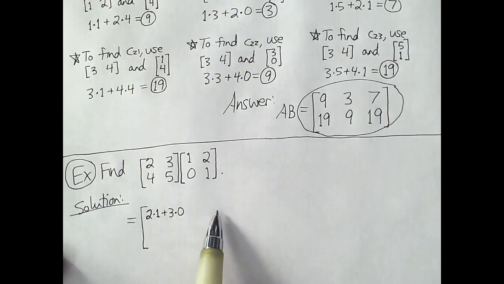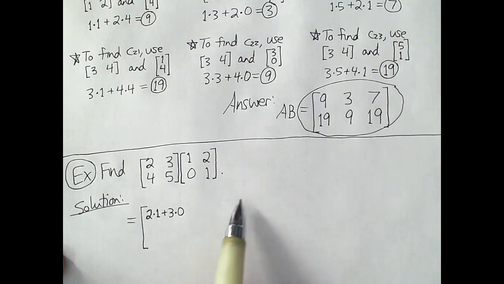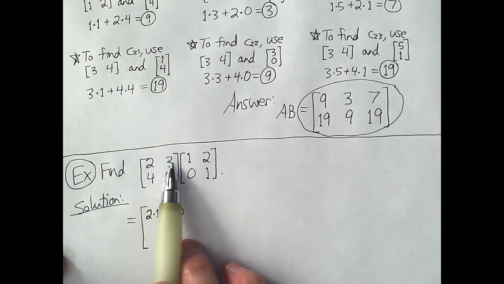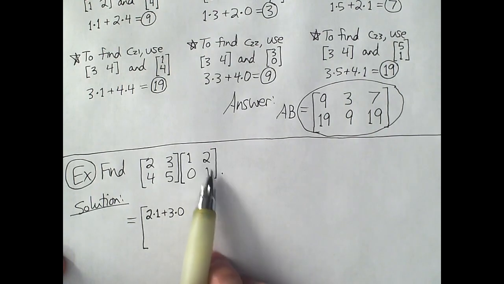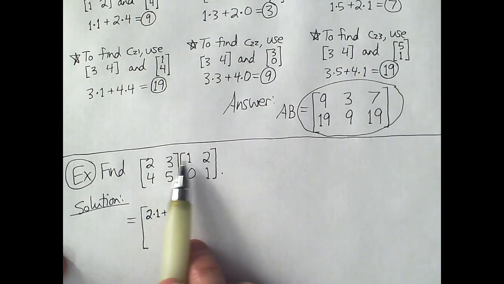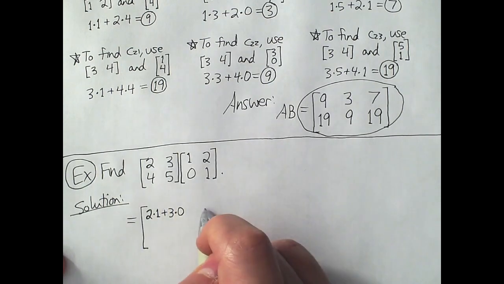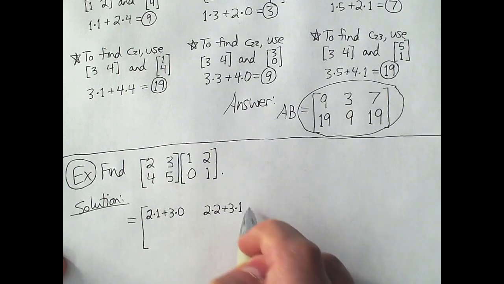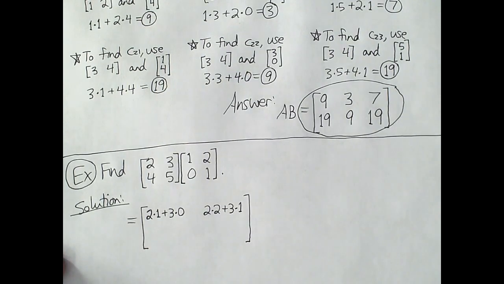Let's move on to the upper right entry of this matrix. That's still in row 1, so it needs to use row 1 of A, but now it needs to use column 2 of B. So 2 times 2 plus 3 times 1. Let's write that.